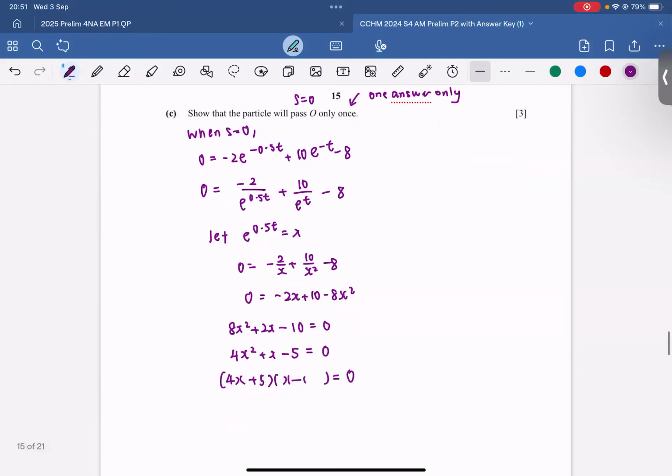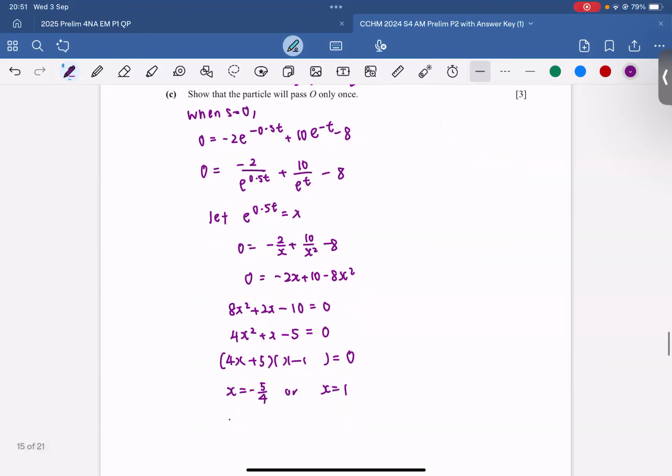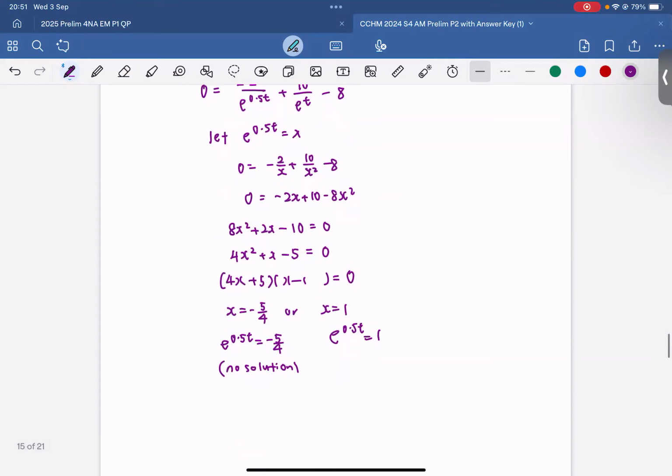So you expect one of your answers to be 0, because that is where you are actually at the point. So this is actually e to the power 0.5t equals -5/4. This is actually e to the power 0.5t equals 1. So there's no solution for the first because e to the power 0.5t is always a positive number. Over here, this is just 0.5t equals ln 1, which is just 0.